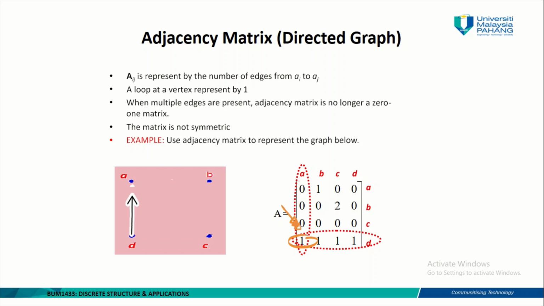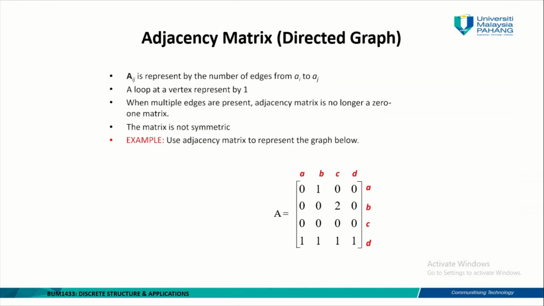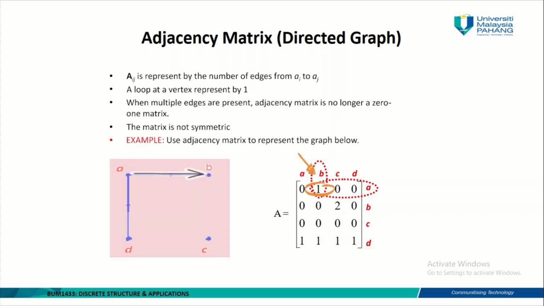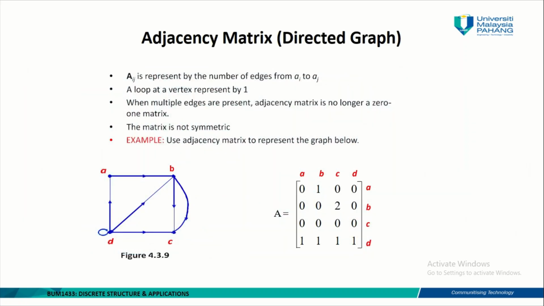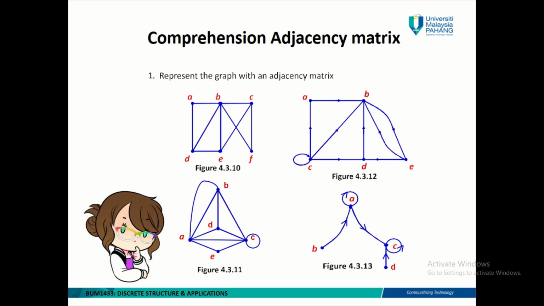So that means they are adjacent, D to A. So we read from row to column, so from point D toward point A. So we draw the edge pointing toward A. So we see here that A toward B. We continue the same steps until you get the final answer like this. So this is the final answer for the matrix A. You get the graph like this.